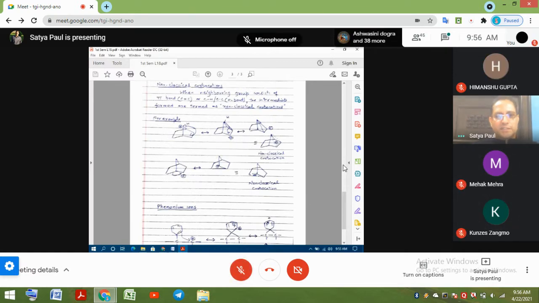Now this is the positive charge and this is now a three-membered ring, so this can open very easily. This bond, the bigger one which we have formed here, breaks from here and now comes to this carbon. So we have now a bond between this carbon and the carbon where we had the positive charge earlier, and now the positive charge is on this carbon. Okay, draw this also.